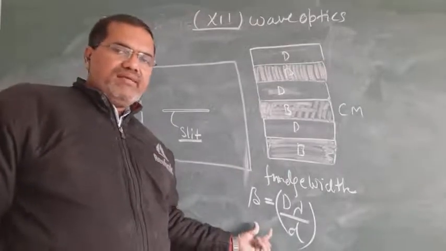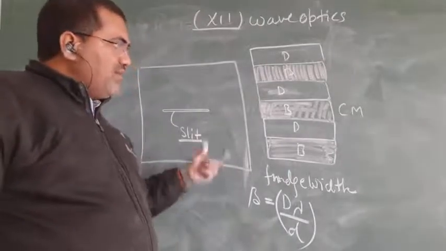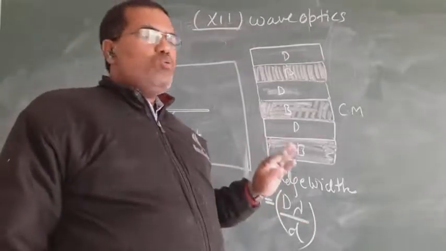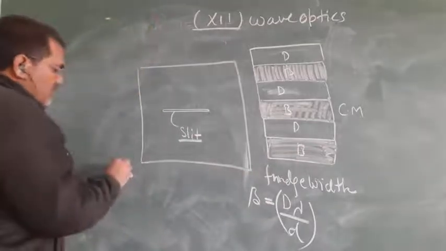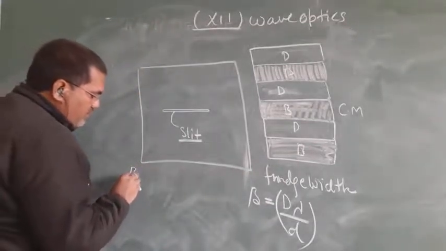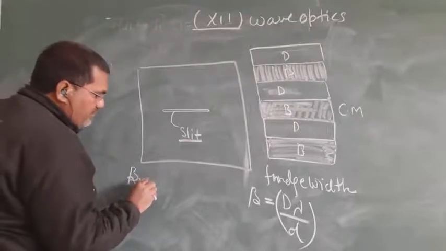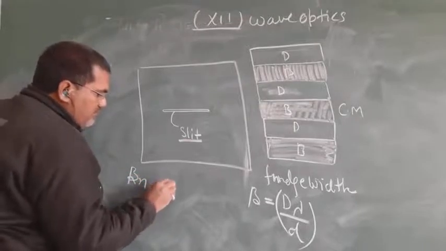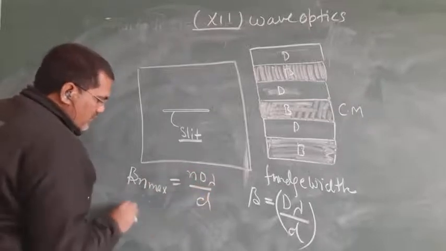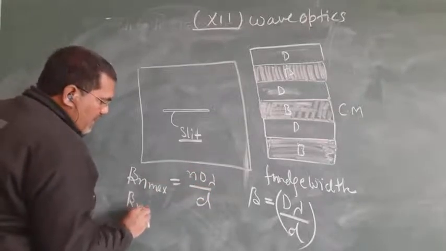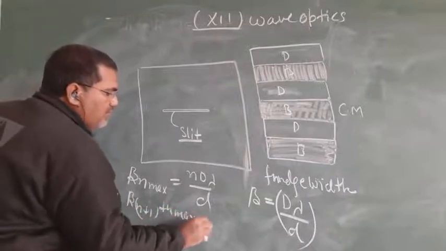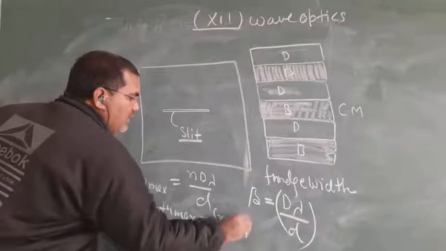Basically, fringe width is the consecutive distance between two maxima or two minima. Suppose this is the nth maxima, n d lambda by d, and the n plus 1th maxima will be n plus 1 d lambda by d.